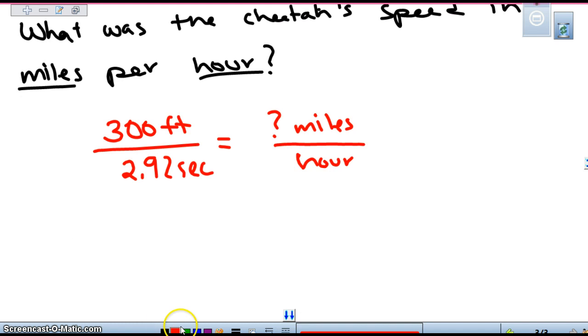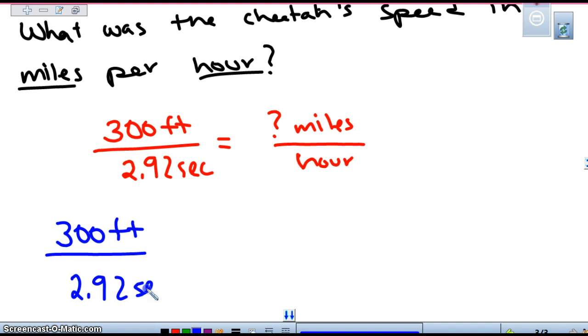So let's set up. We would say 300 feet over 2.92 seconds. So first of all, let's change our feet to miles. There are 5,280 feet in 1 mile.